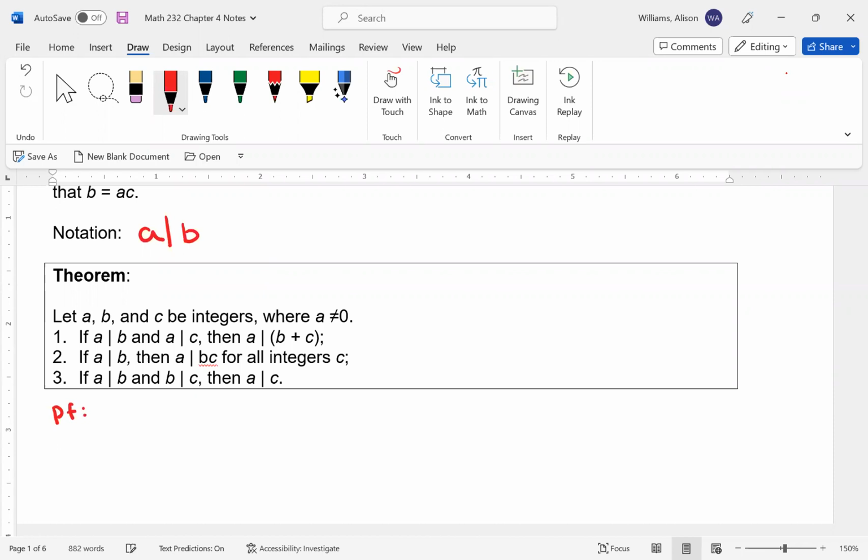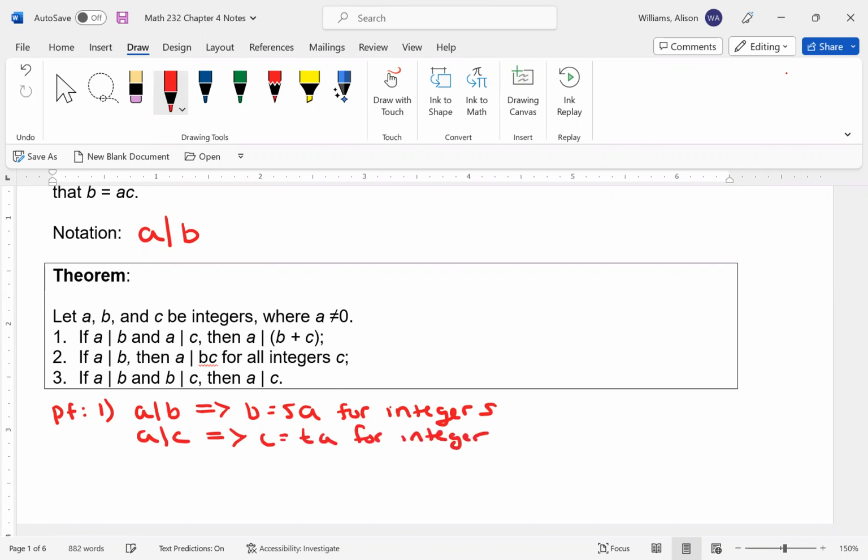So let's start with the first one. We're going to assume that a divides b and a divides c. If a divides b, that means that b equals s times a for some integer s. And if a divides c, that means that c equals t times a for some integer t.